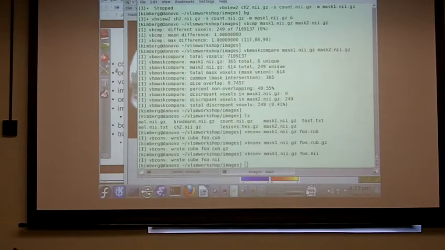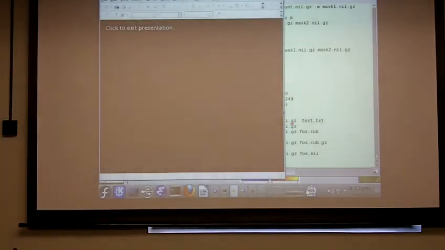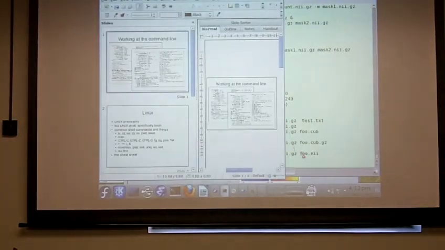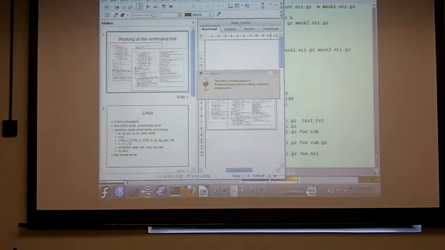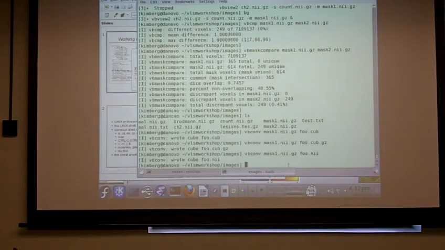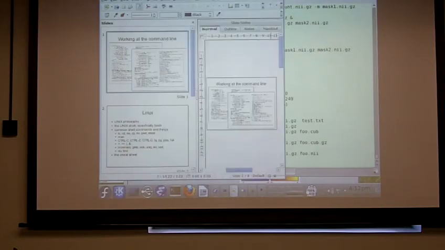Some people talk about left-handed coordinates and right-handed coordinates. Are they relevant to any file type? Left-handed, right-handed, what? Sorry.